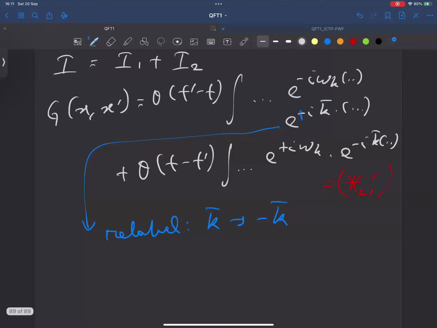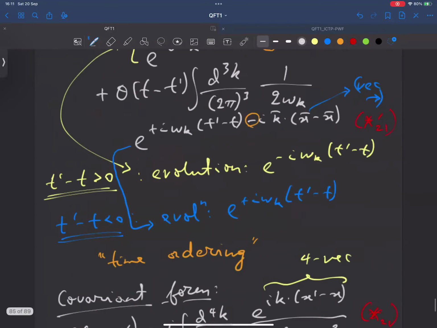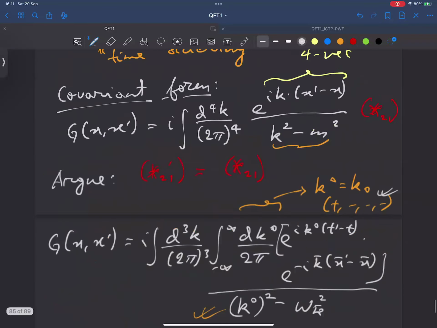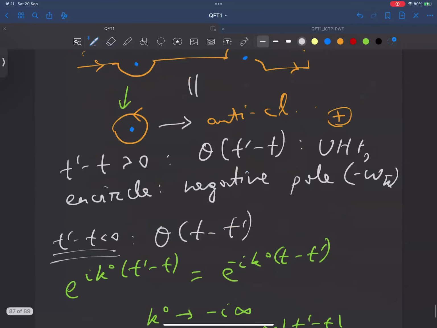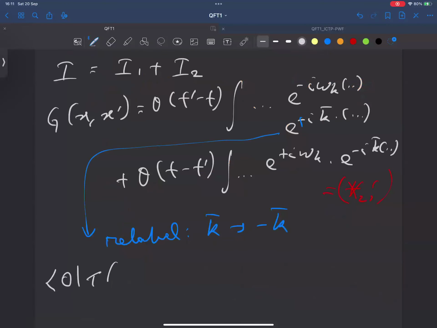The equation that we started with was written in terms of this. So what we proved using complex analysis was this quantity, the vacuum expectation of the time-ordered phi(x prime) phi dagger(x).